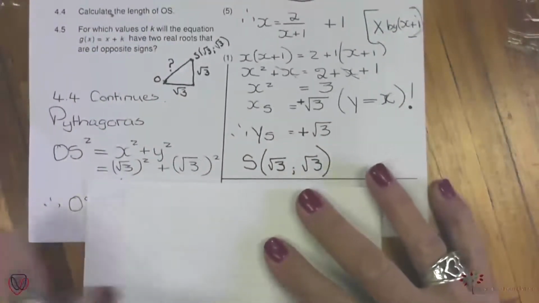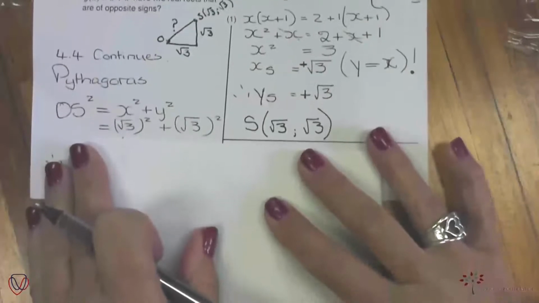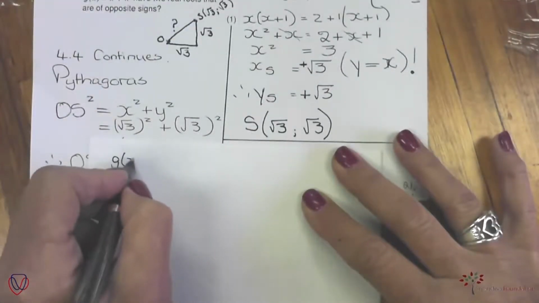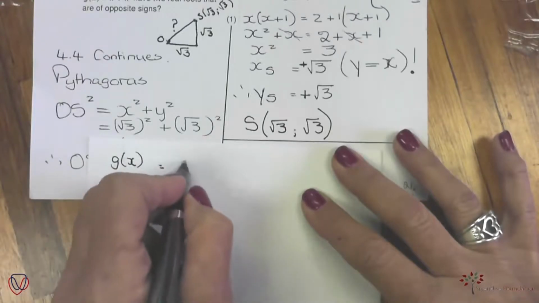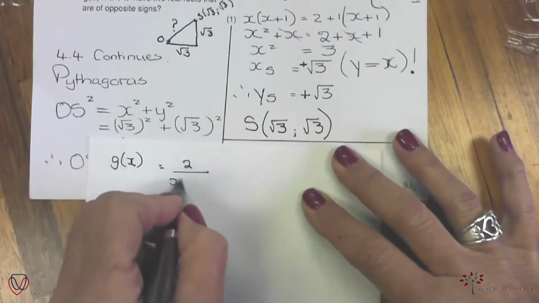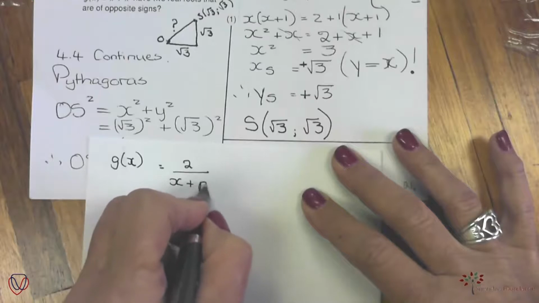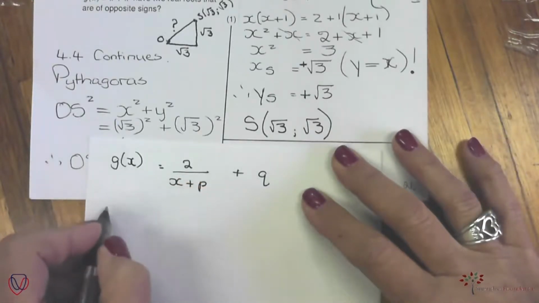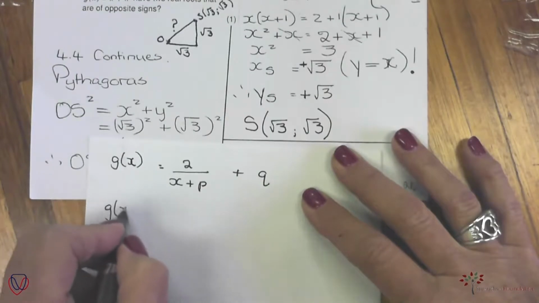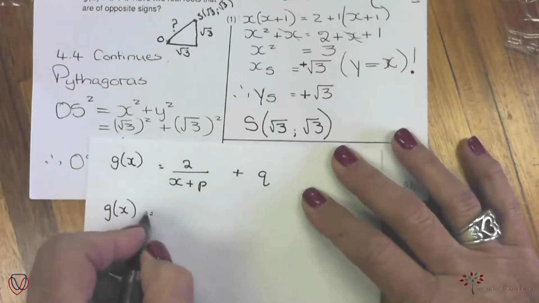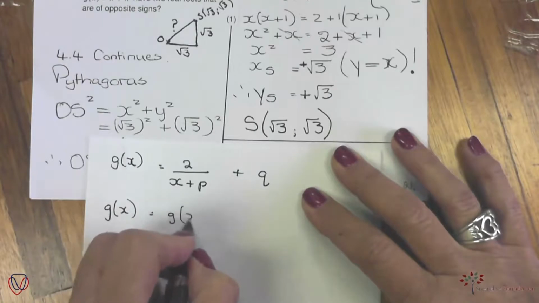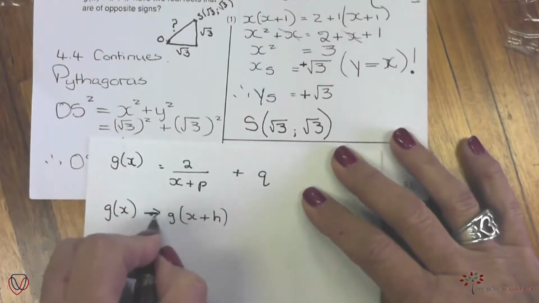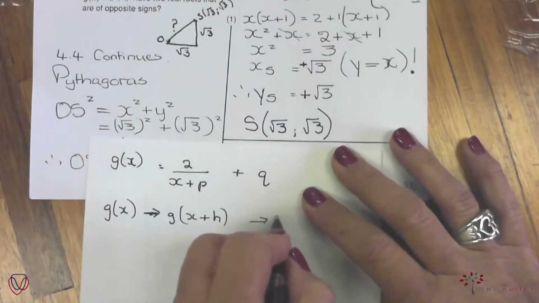I'm going to rewrite it here so that you can quickly see what's going on. g(x) is 2 over x plus p plus q. Now the question is g(x) becomes g(x plus h), and this one will be our h(x) graph.